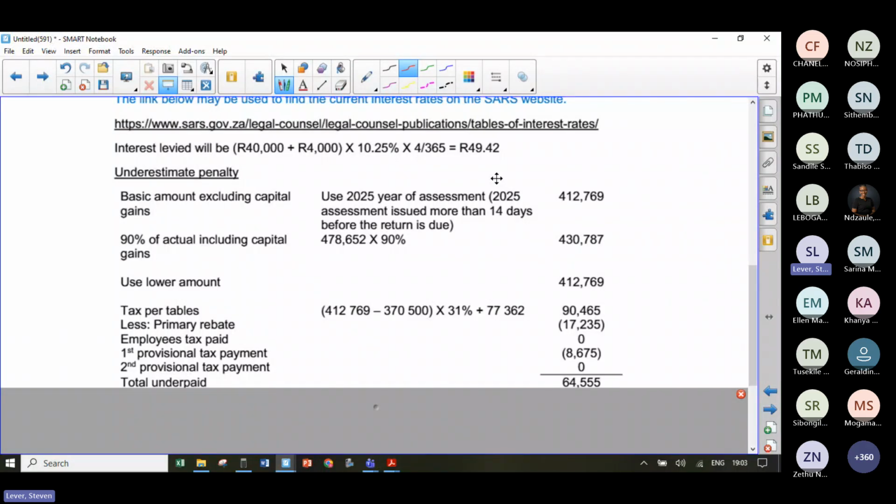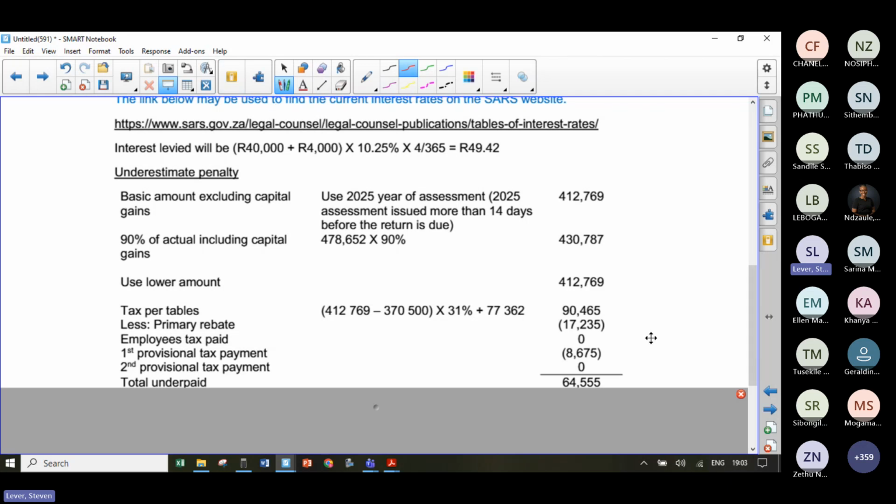You've got the late payment penalty, but at least you submitted your return. In this example, you hadn't submitted your return yet. So at 28 Feb, there's a 0 second provisional tax payment. That's why there's 0. And I wanted to do 2 types of questions so that you can see how to do it for an exam. So guys, no second provisional tax payment.